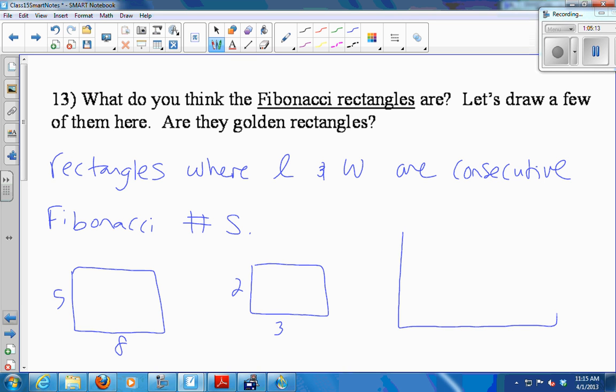Or 8 by 13. So these are Fibonacci rectangles. Any rectangle whose lengths are consecutive Fibonacci numbers. Are they golden rectangles? Is the length divided by the width equal to the golden ratio?